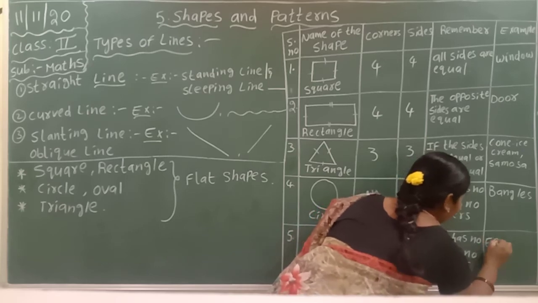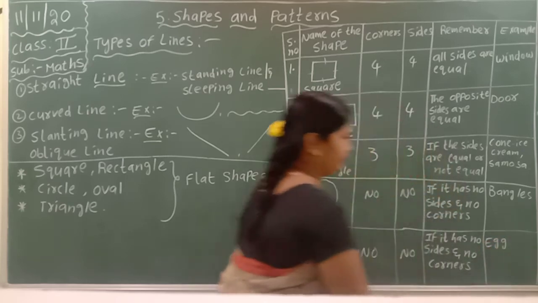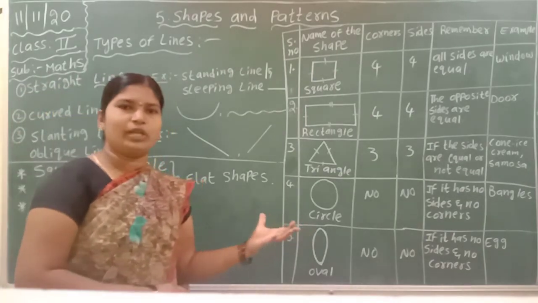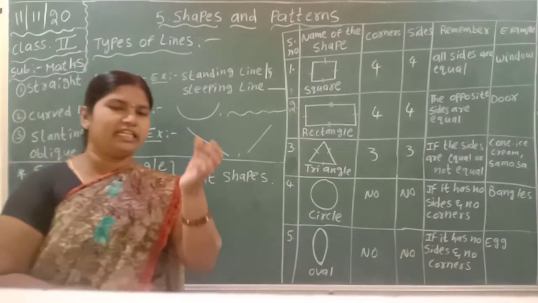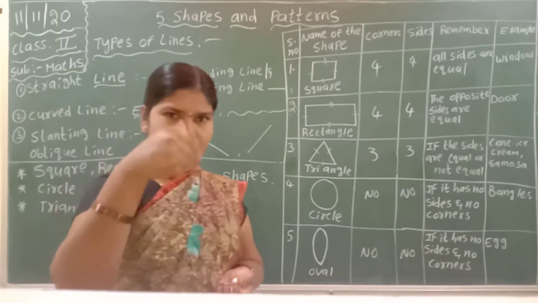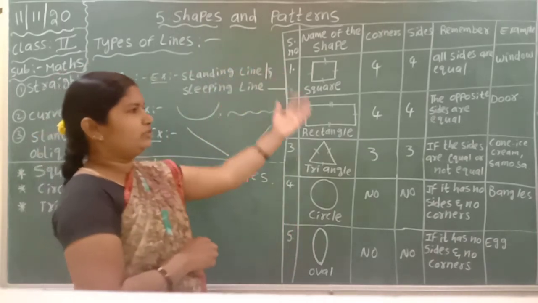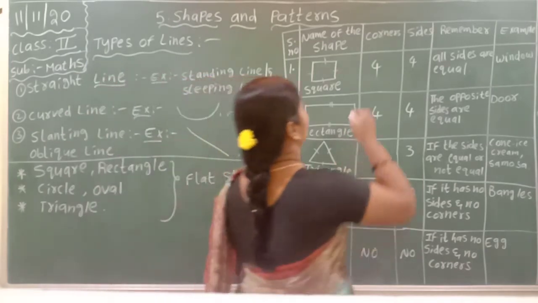Example of oval is egg. Okay. Egg is an example of oval. Observe the egg. How does it look? Like this oval. So, you have to write down this table also.